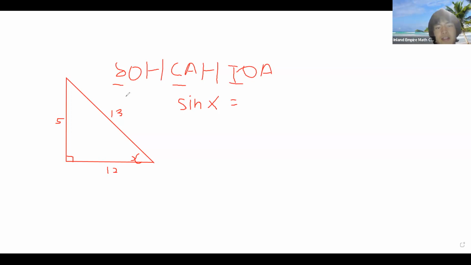That's what O and H stand for. It's the opposite leg over the hypotenuse. Similarly, cosine is adjacent over hypotenuse, right? Because you can see the leg adjacent to x is 12 here, and the hypotenuse is, again, 13. And tangent is TOA, so it's opposite over adjacent, 5 over 12.